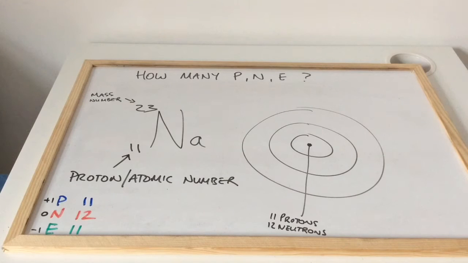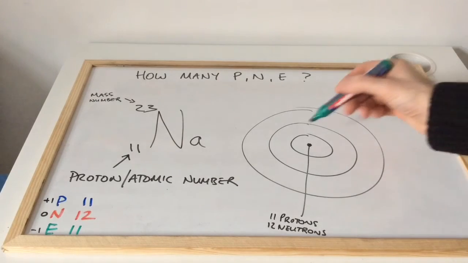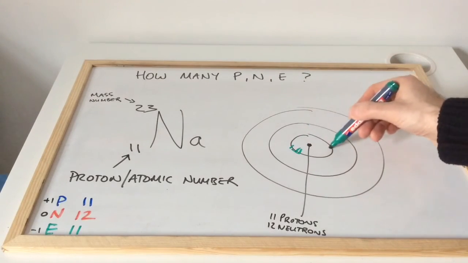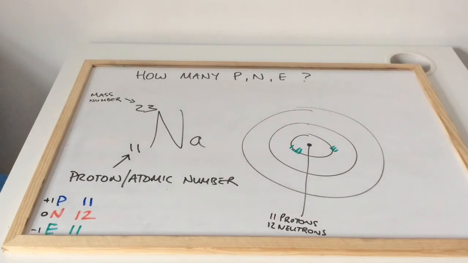What you've got to remember about energy levels or shells is you must fill the lowest available one first. Once that's full, you move on to the next one. So the first energy level can hold 2 electrons. So the first 2 are going to go in there.